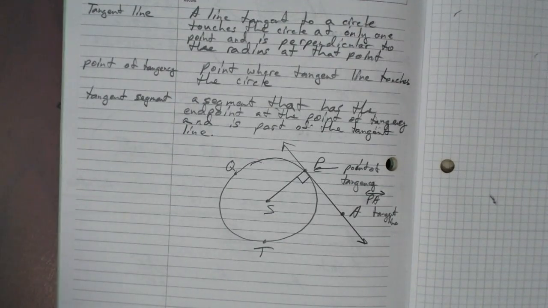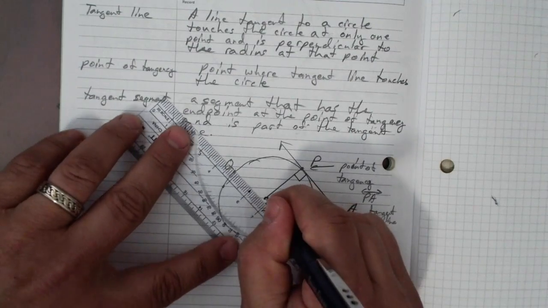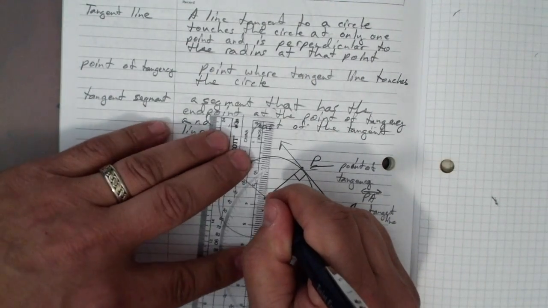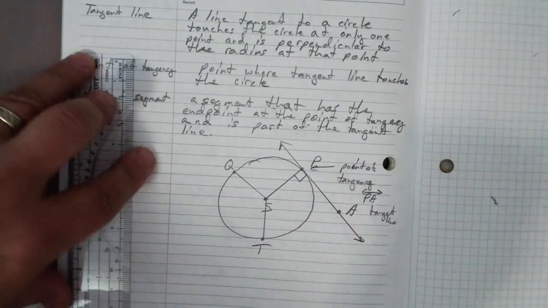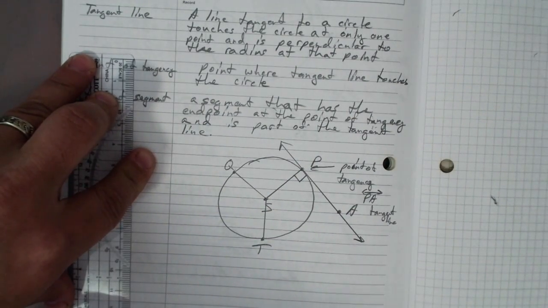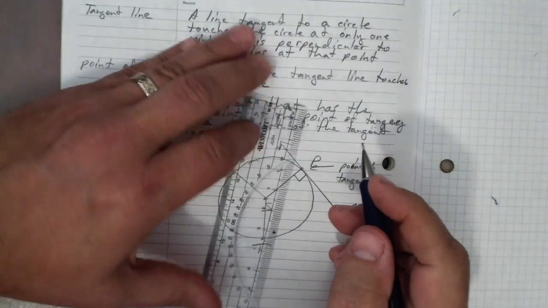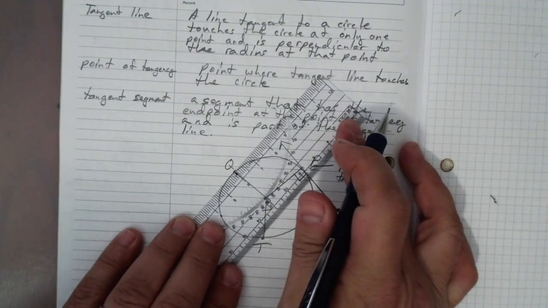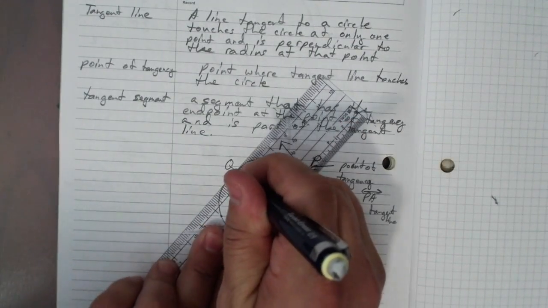Now, let's talk about the tangent segment. So let's draw another tangent at Q and one at T. Now, tangent segments are usually grouped together with another tangent segment. So we're going to draw a tangent line perpendicular to Q this way.